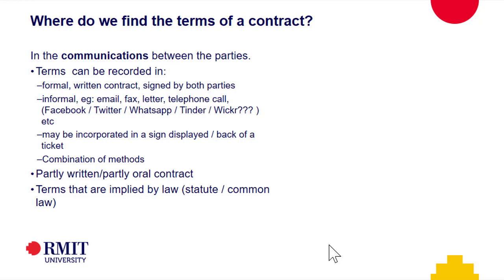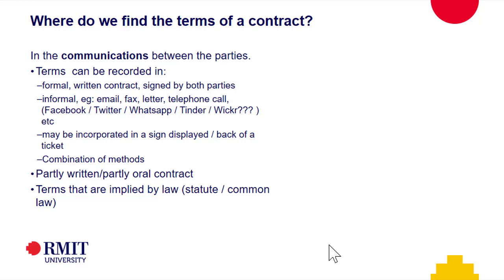Contracts can be entirely oral. So the terms can come from what we say, from our activities. Sometimes we've explored the idea of a contract that is entirely by action. Pointing, paying money, ending up with coffee. We can make contracts in a whole range of different ways.